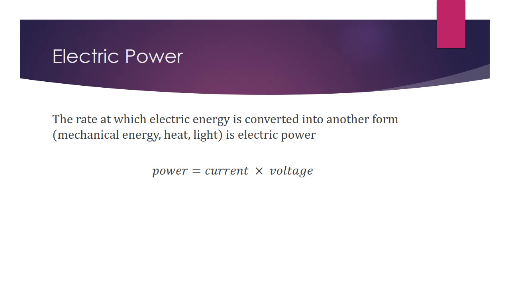There will be problems where we figure out power based on current, voltage, and resistance, because remember, current, voltage, and resistance have a relationship. Power has a relationship with them as well. So your power is your IV. Remember, I is current, V is voltage. And in units, power is in watts, current is in amps, and voltage is in volts.